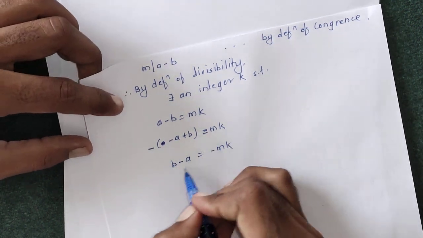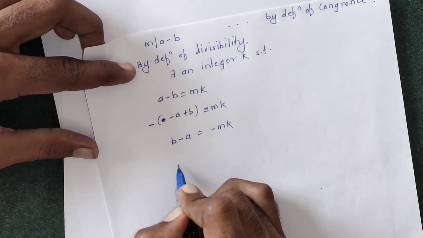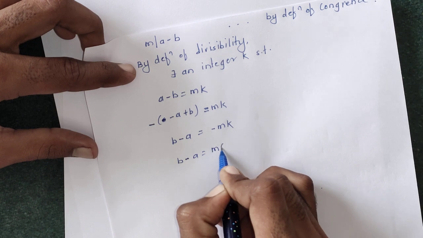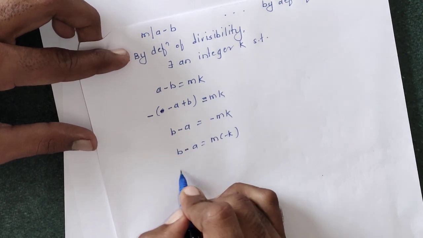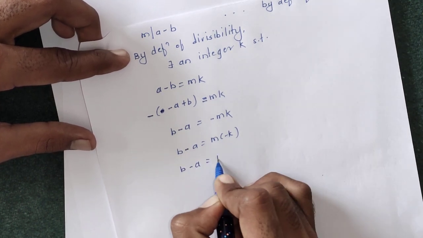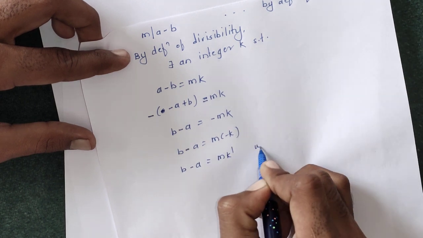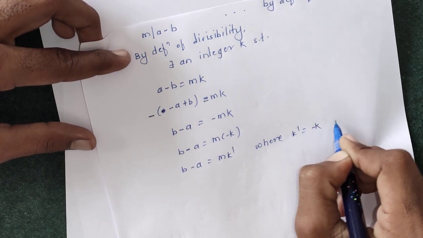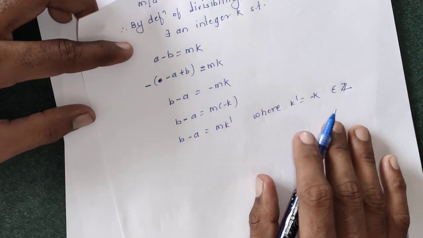That is, B minus A is equal to m into minus k. So B minus A is equal to m into some k prime, where k prime is equal to minus k, which is again an integer.